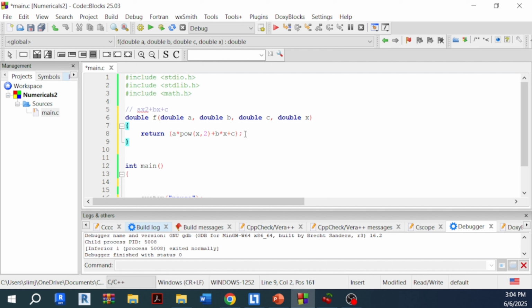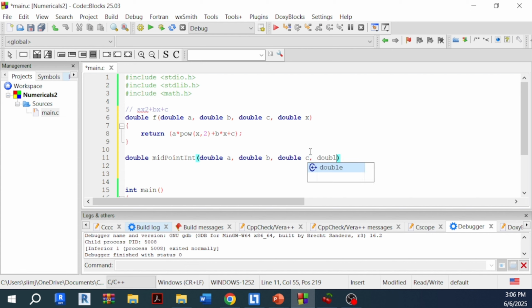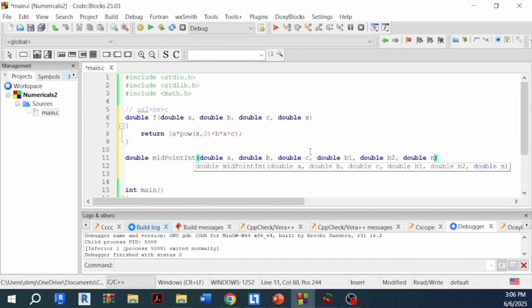Next, I need the double function for integral evaluation. So double midpoint integral, also double a, double b, double c, and double b1, which is the first boundary of the integral, double b2, and double n.